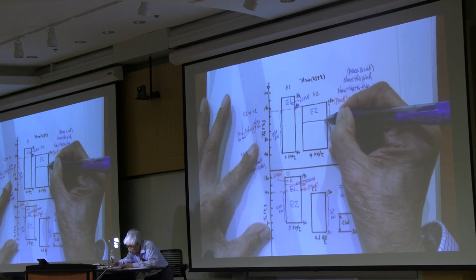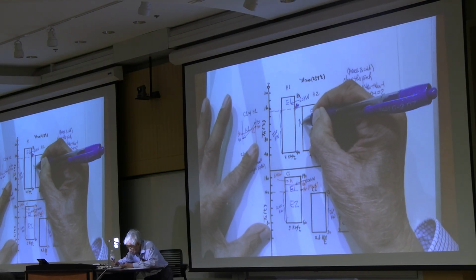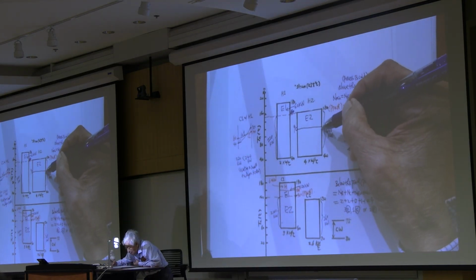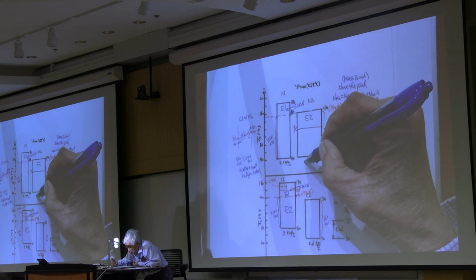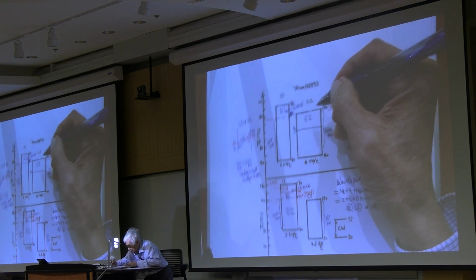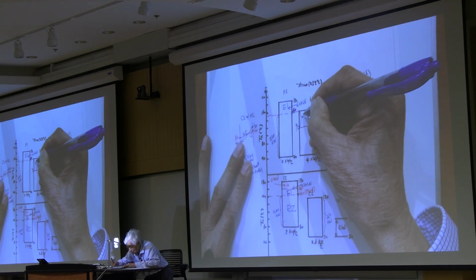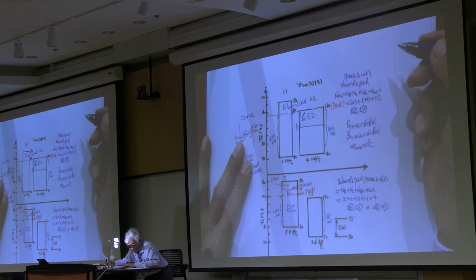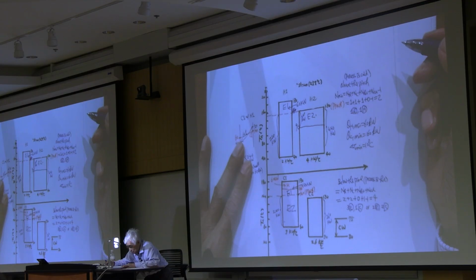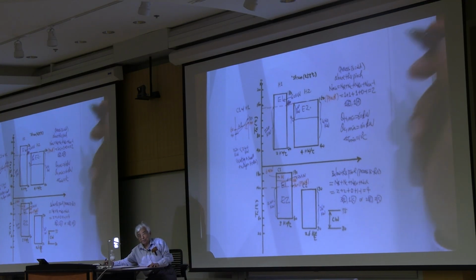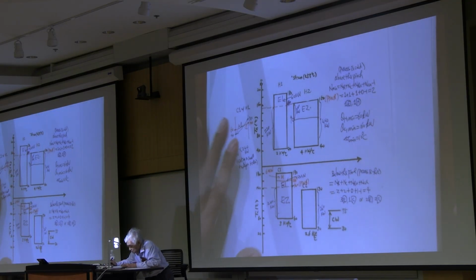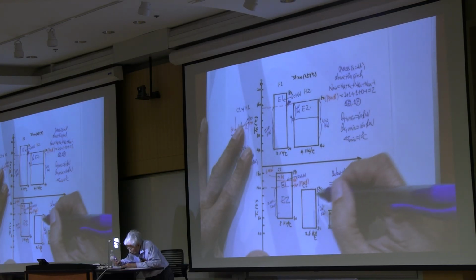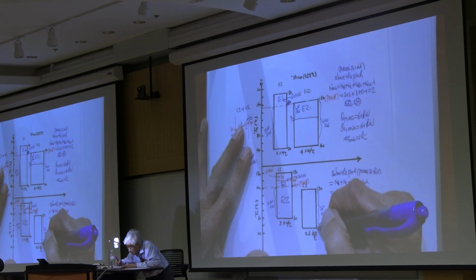That will stop at 90 degrees. 60 times 4, 240 kilowatt. E2. Now, what's remaining? Let's look at it. This is 260.